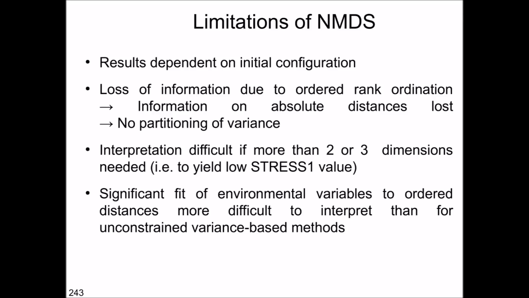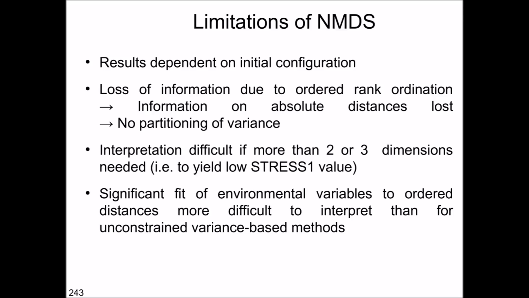You will see that we do this in the R demonstration part as well. We have obviously a loss of information when we use rank ordered data, and we cannot infer the absolute distances. And we have no information on the partitioning of variance. In addition, it's difficult to interpret.